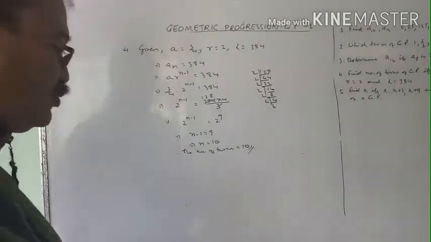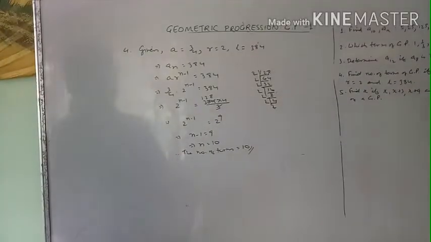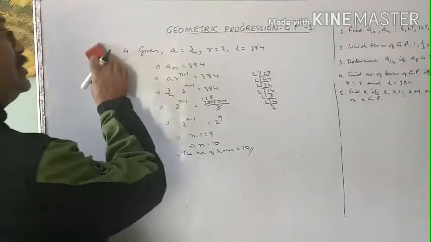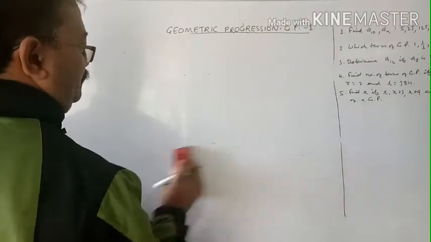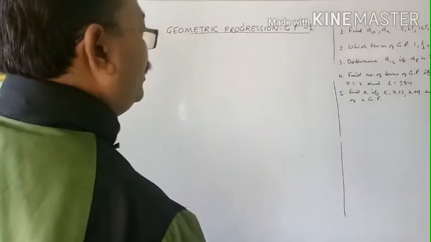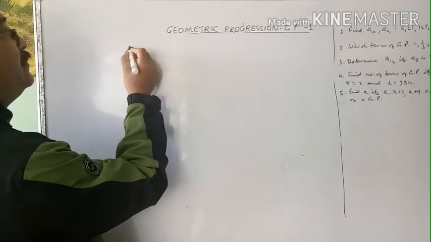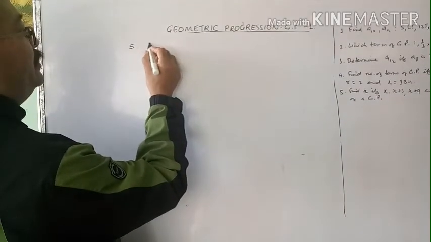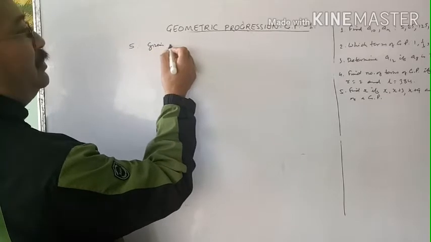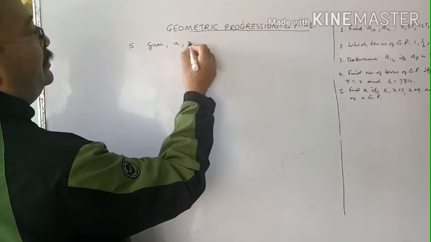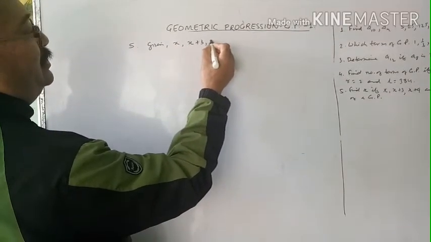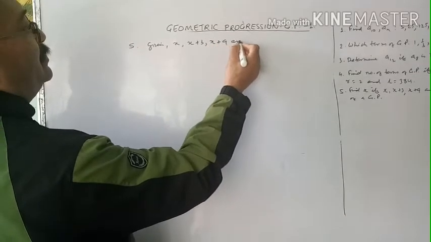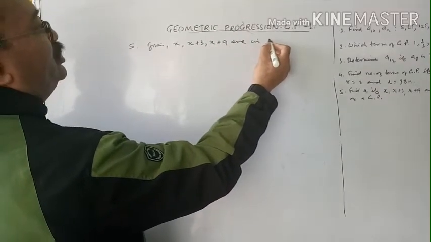Okay. Now let's do one more. Question number 5, which is the last sum for the day. Given x, x plus 3 and x plus 9 are in GP.